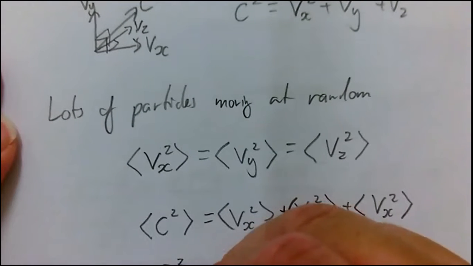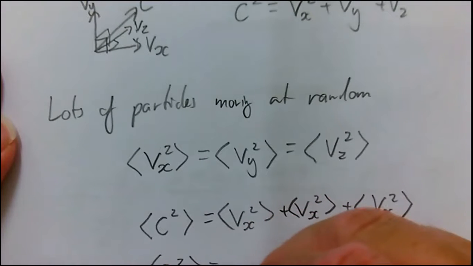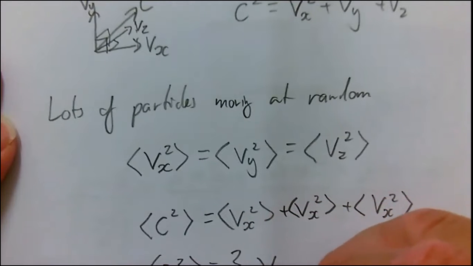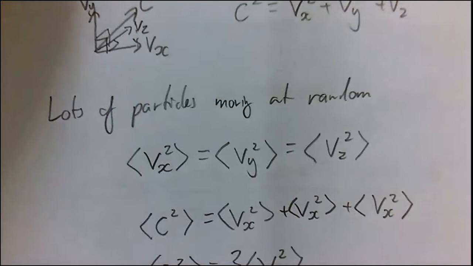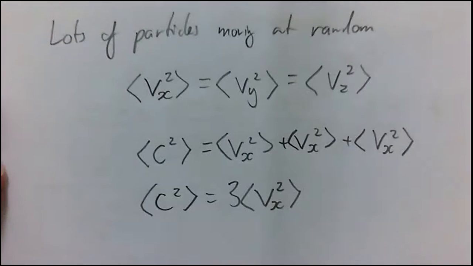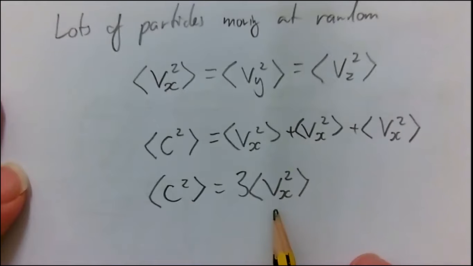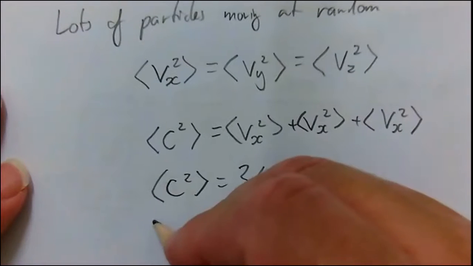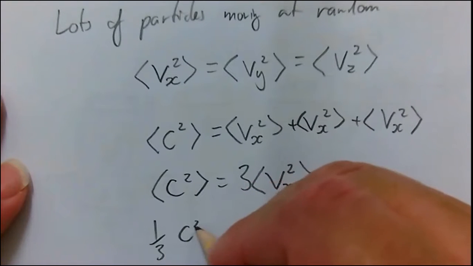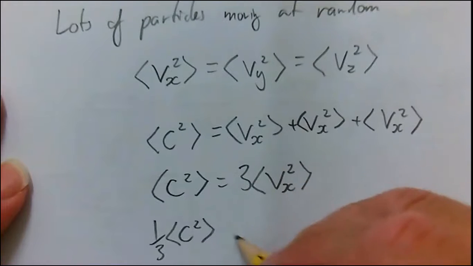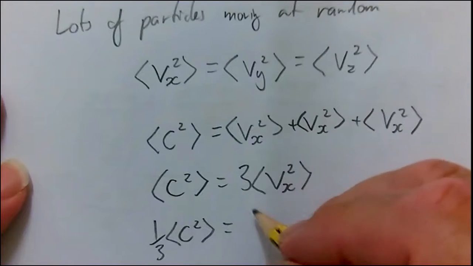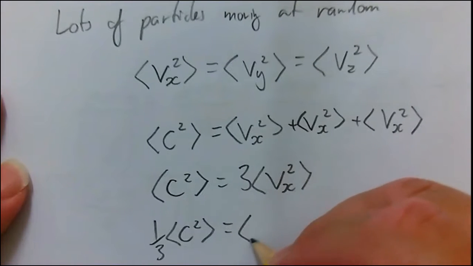So the mean square speed of all the particles is 3 times the mean square velocity in any given direction. I can tidy that up and say that's 1/3: divide both sides by 3, and 3 divided by 3 is itself.